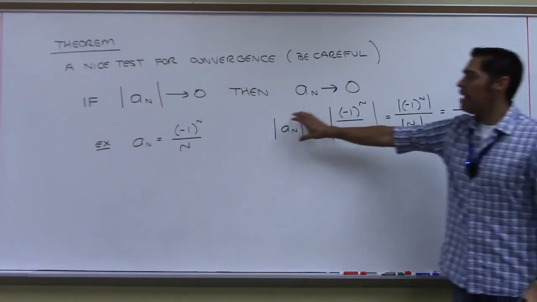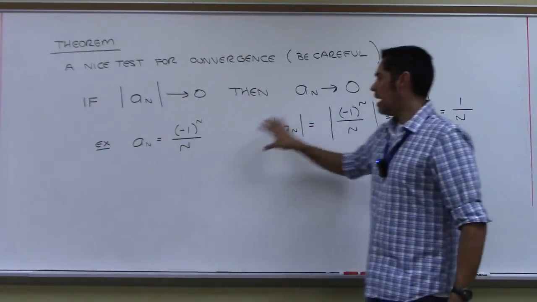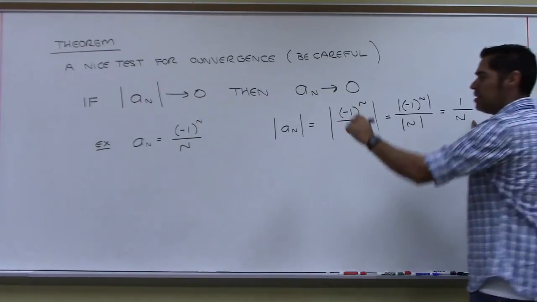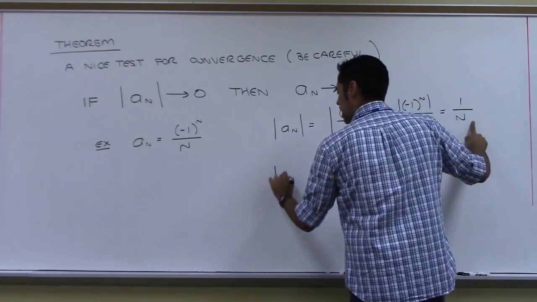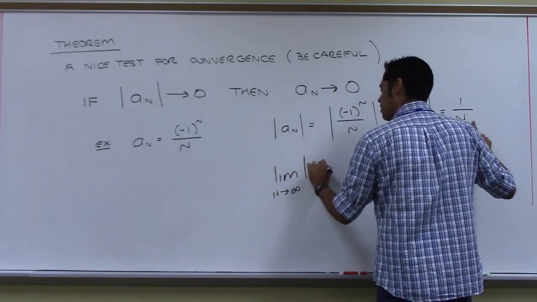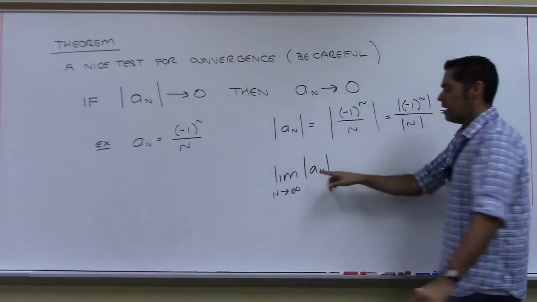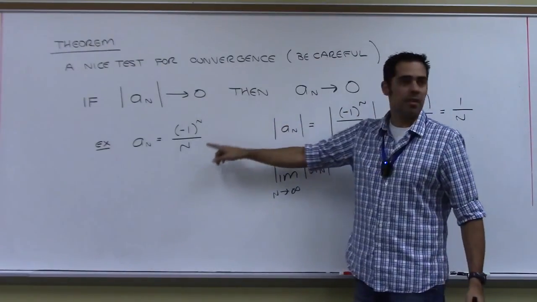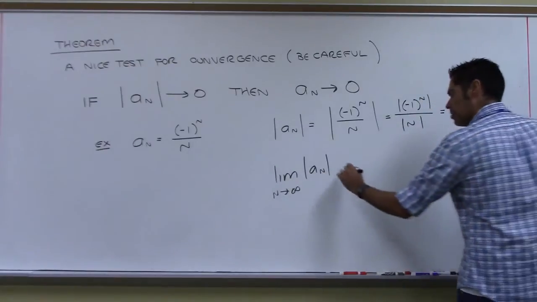So the absolute value of the sequence we're looking at is 1 over n. And according to this theorem, if we take the limit as n goes to infinity of the absolute value of a sub n, if that goes to 0, then what can I say about the original sequence? It also goes to 0. So let's just check it.